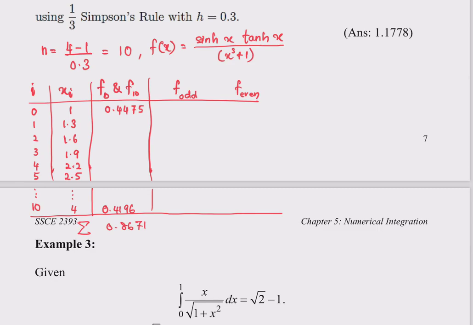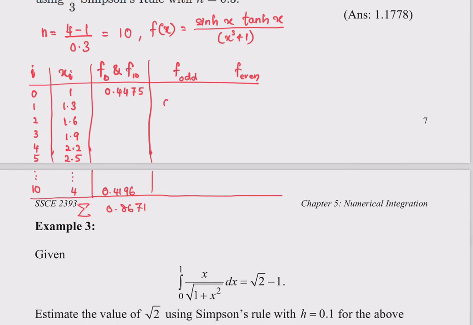For 1 you will get 0.4578, and then for even, when x is equal to 1.6, you will get 0.4296.